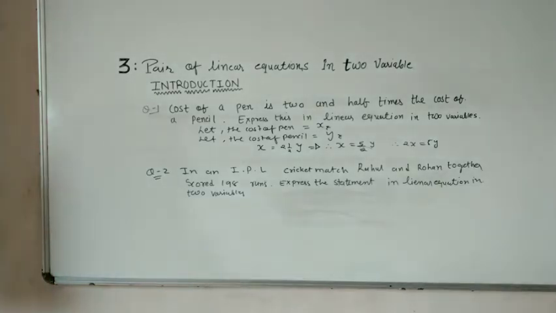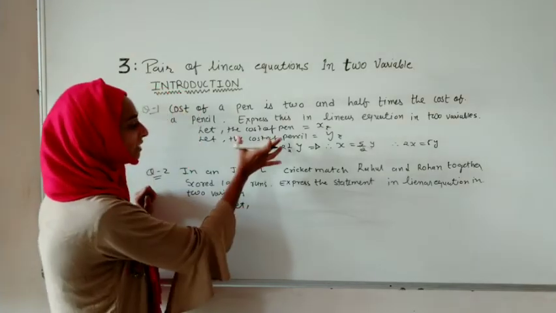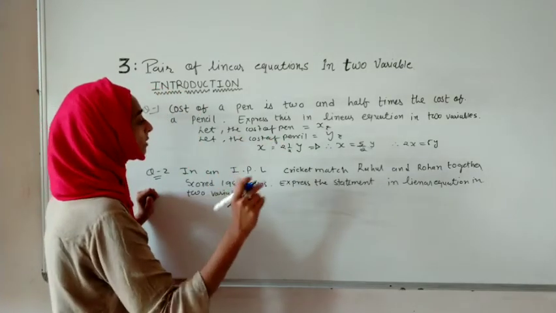Now the second question, what they told us: in an IPL cricket match, Rahul and Rohan together scored 198 runs. Express the statement as a linear equation in two variables. As we are doing, first we will guess, and if we are guessing it properly, we are getting half marks there.